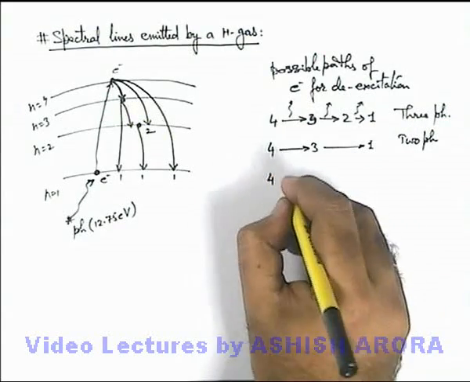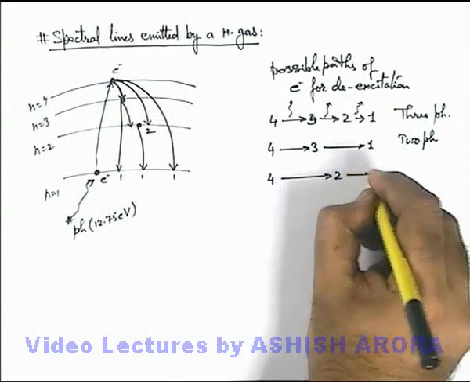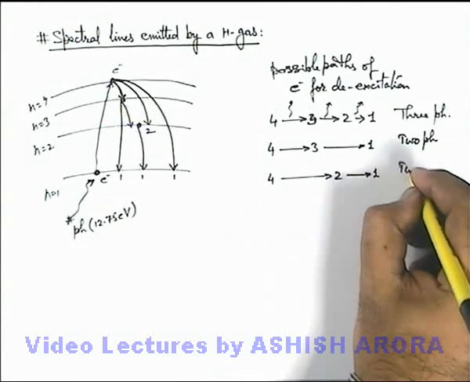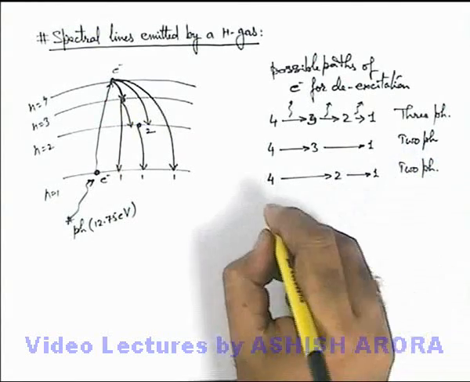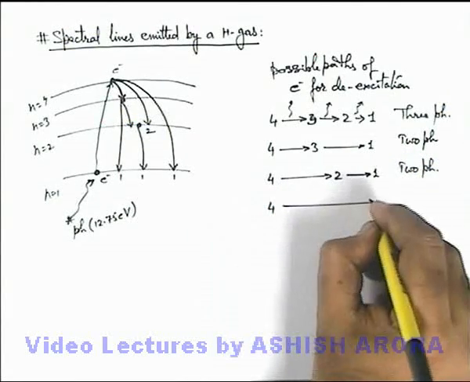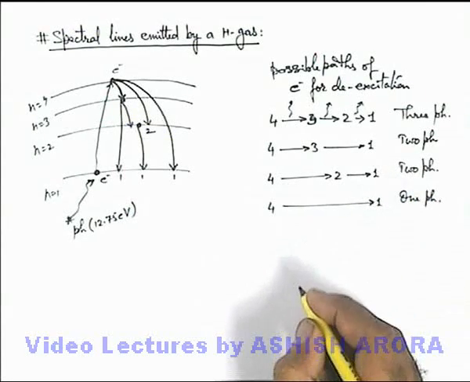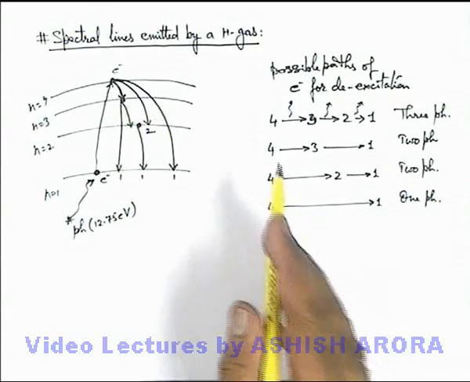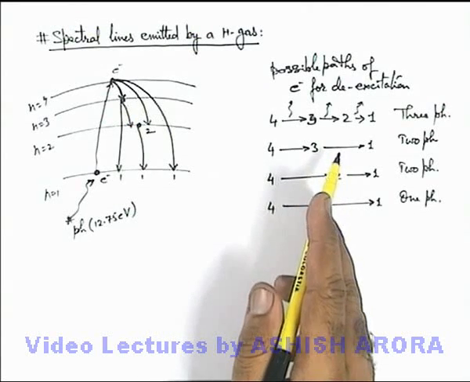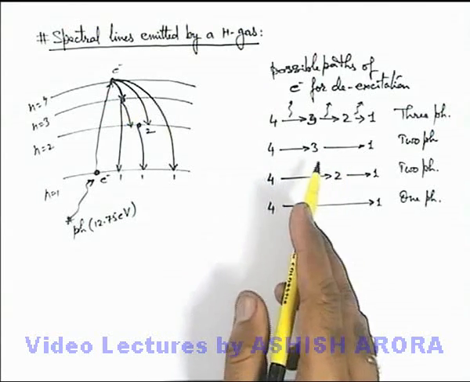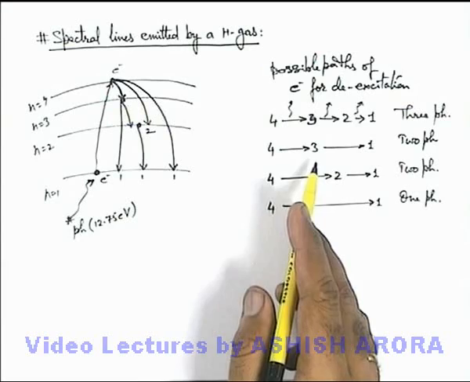And say if it is following 4 to 2, then 2 to 1, then also 2 photons will be emitted in the process. If it is directly transiting from 4 to 1, then only 1 photon will be emitted in the process. As we know, in each transition, 1 photon of energy equal to the energy difference of the two corresponding levels will be emitted.